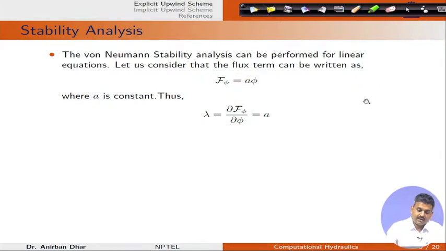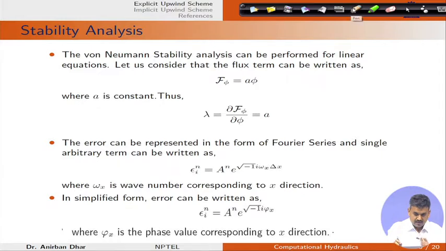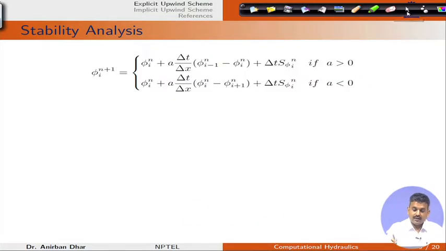Now, let us consider the error equation. Again, the error term epsilon i n can be written in terms of amplitude and the phase for the x direction. So, we have A n e to the power I varphi x corresponding to that direction.